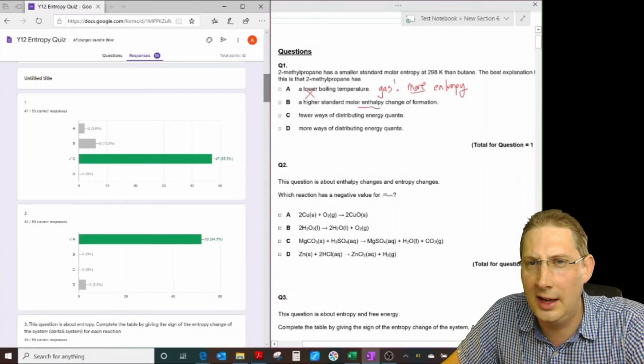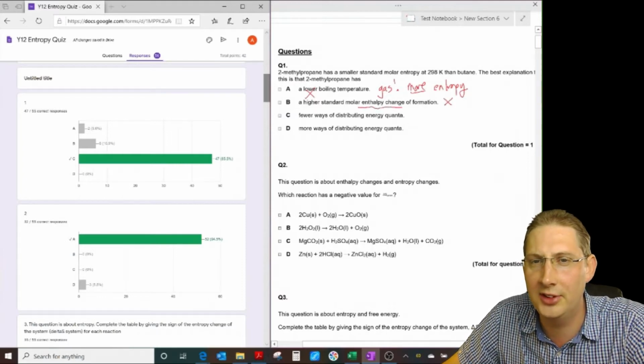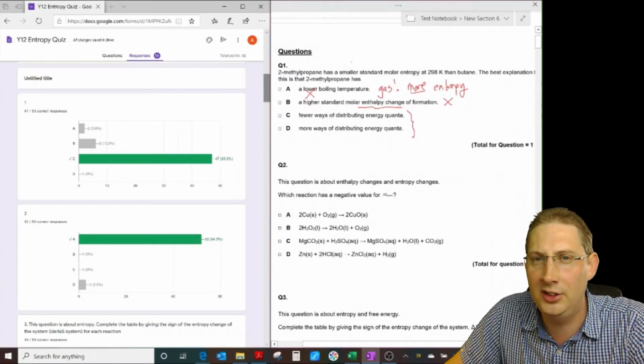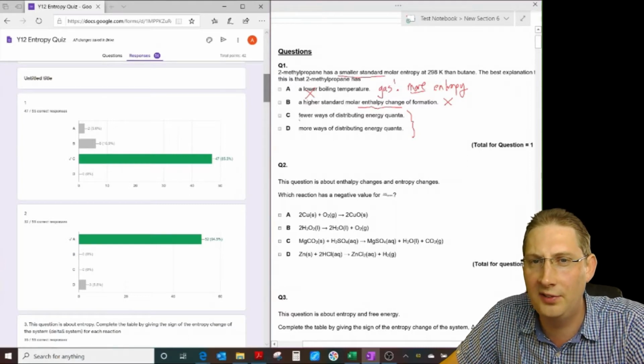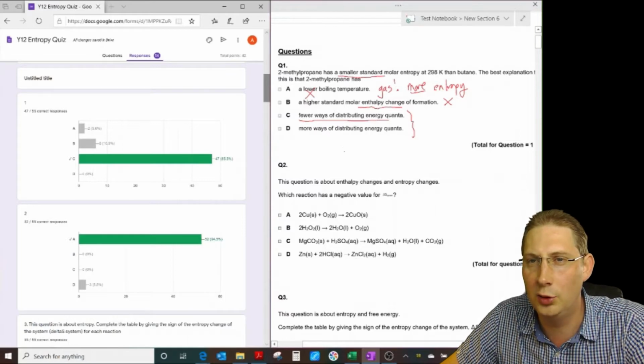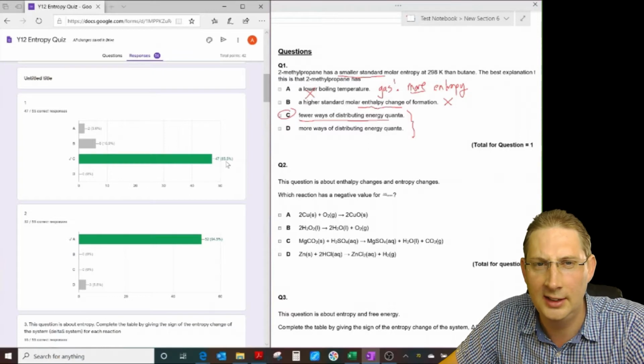Enthalpy change is really nothing to do with entropy, so it's not going to be that. It's all about how the energy can be distributed. If it's got a smaller standard molar entropy, that means there are fewer ways of distributing the energy than for butane. And therefore C is the obvious answer, and about 86% of you got that.